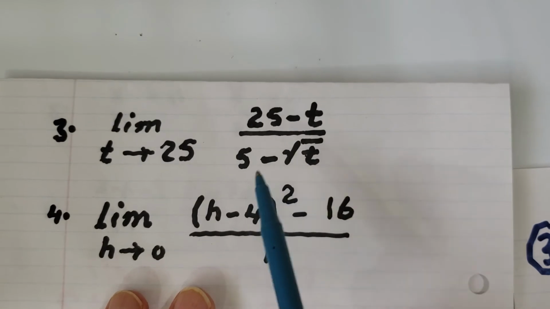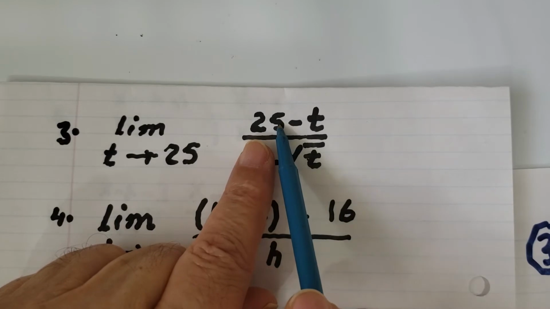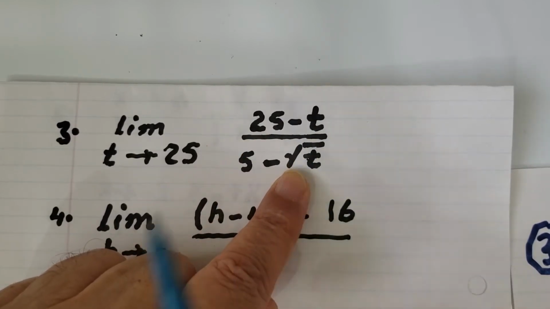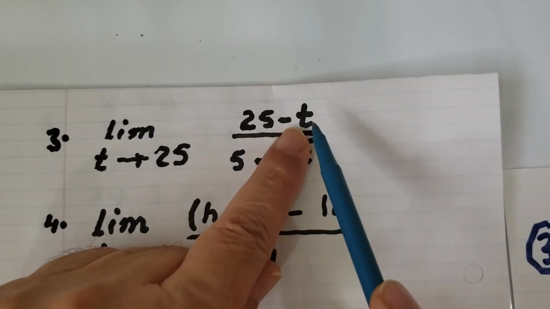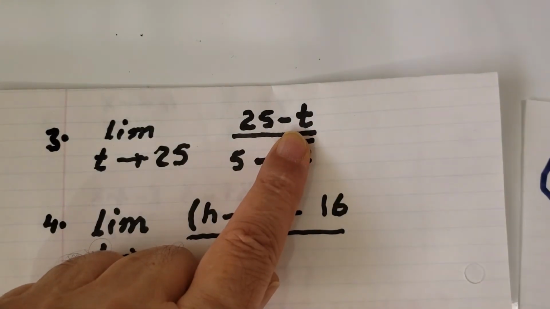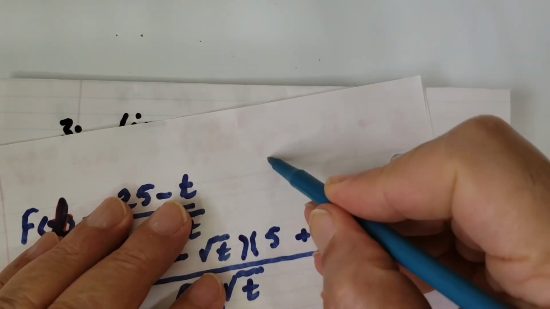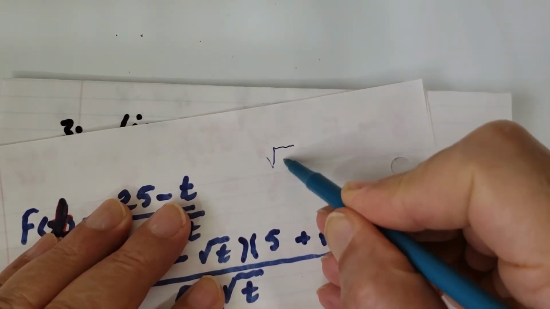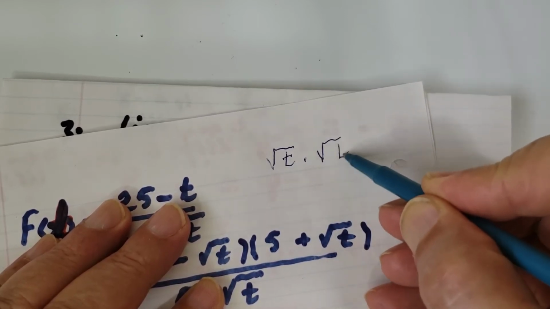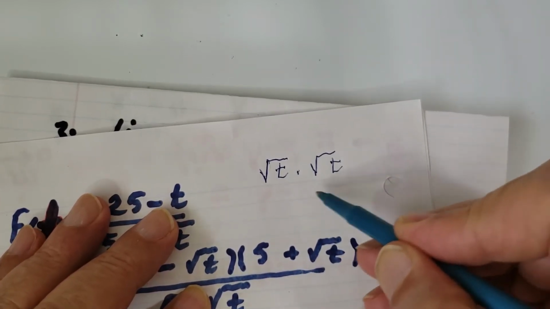The change we will do: we will consider this 5 as the square root of 25, and here the square root of t. This is the square of the square root of t, because we can consider it as the square root of t times the square root of t, which is the same as t.